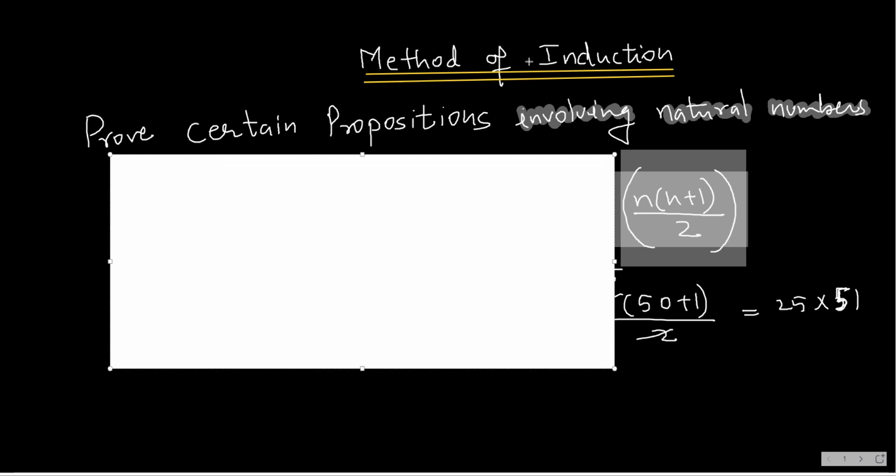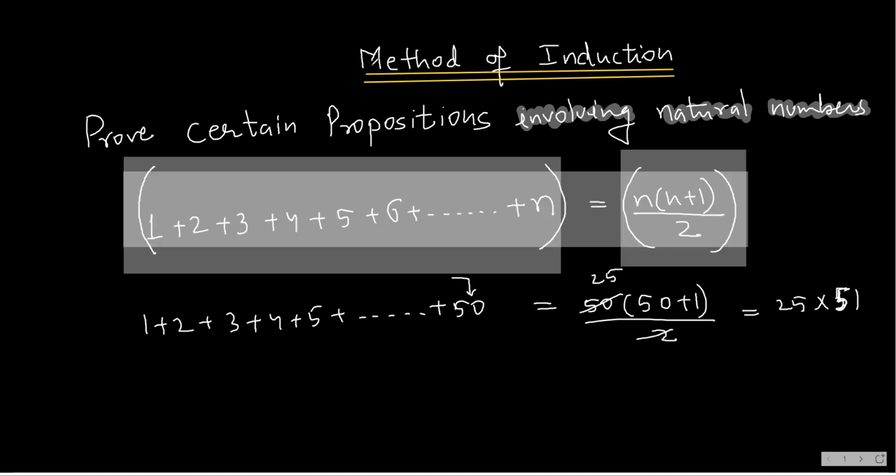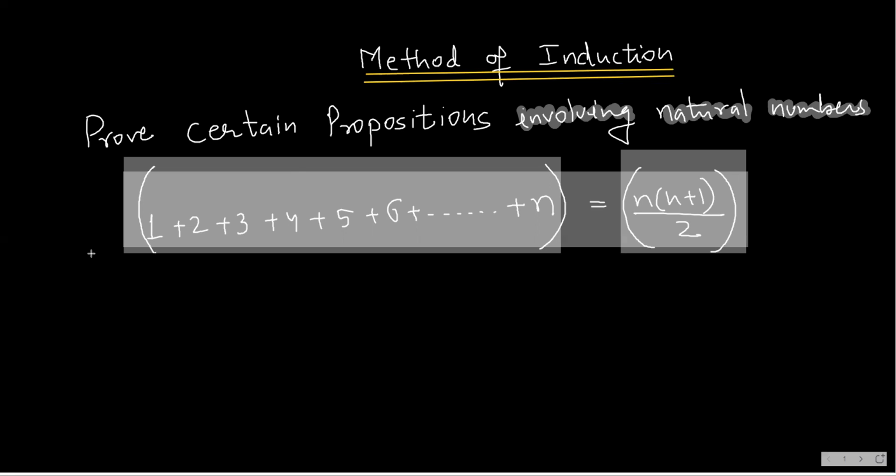This was one. Similarly, I can also give you, suppose, 1 square plus 2 square plus 3 square plus 4 square plus 5 square and so on plus n square.